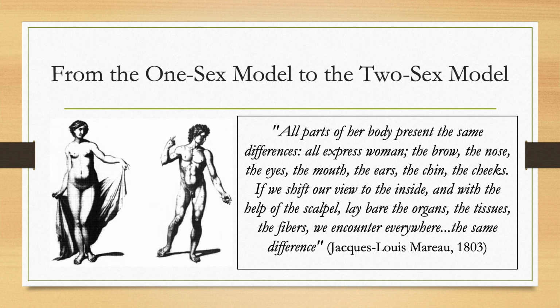But up until this time, sex was fragile and malleable. Under certain circumstances, it could change spontaneously. Women were just cold men, not entirely different creatures. But again, in the 18th century, all of this was rejected, and instead, the new view was that males and females were so different that they're almost separate species.